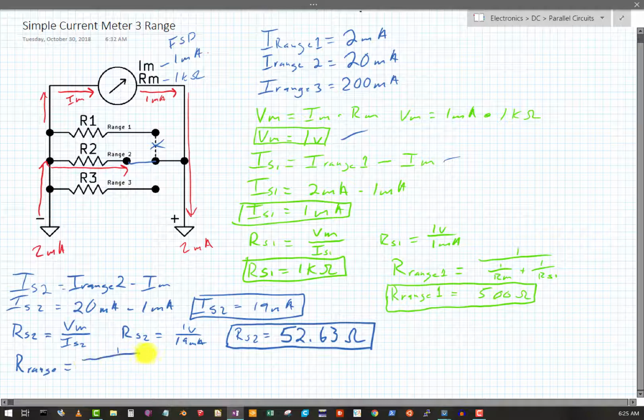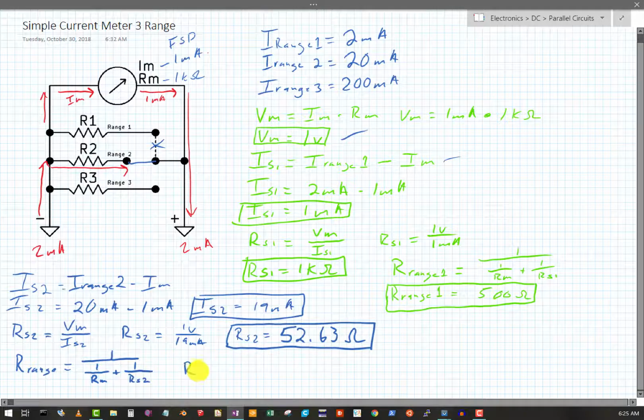So let's just show that: 1 over 1k ohms plus 1 over Rm plus 1 over Rs2.